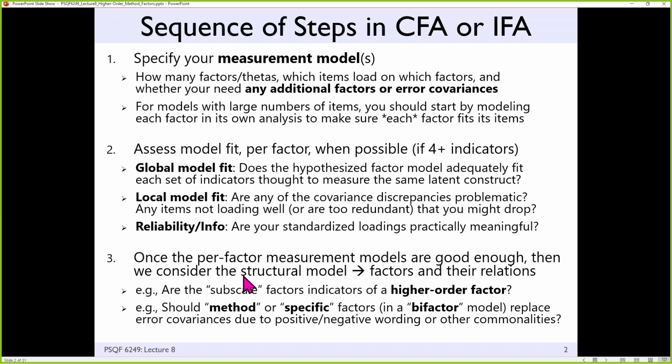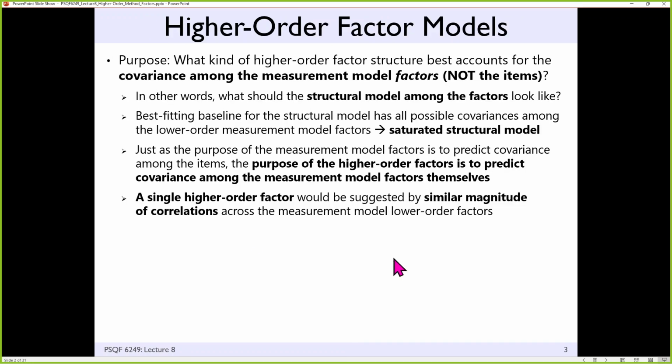So I have 2 different things that would be relevant under that: to what extent are your factors consistent with the idea of a higher order factor, or a second order factor as it's called, and then how could we possibly use method or specific factors to address additional sources of covariance like wording or other kinds of commonalities. So that's the big picture here.